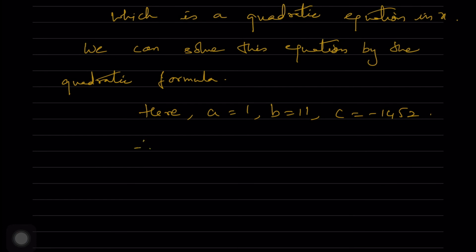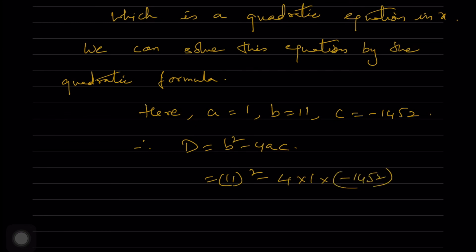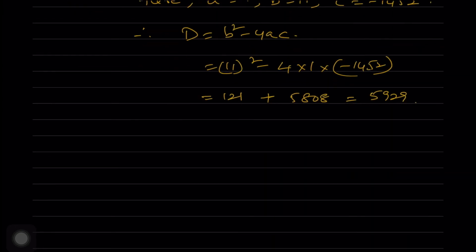Therefore d is equal to b square minus 4ac, which is equal to 11 whole square minus 4 into 1 into minus 1452, which is equal to 121 plus 5808, which is equal to 5929.